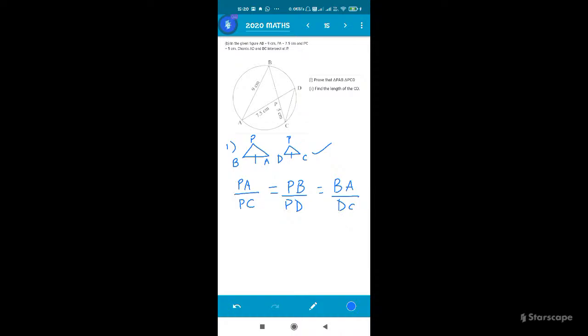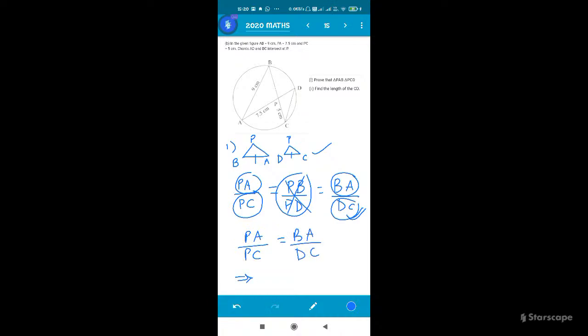Okay, so now which sides have been given to us? We have PA given to us, we have PC given to us, and we also have AB given to us. We have to find CD. This is what you have to find. So we can skip this part. We just have to use these two. So PA by PC is equal to BA by DC.